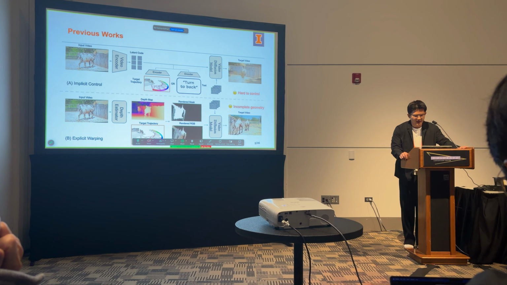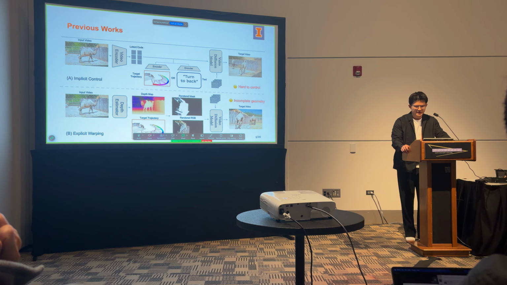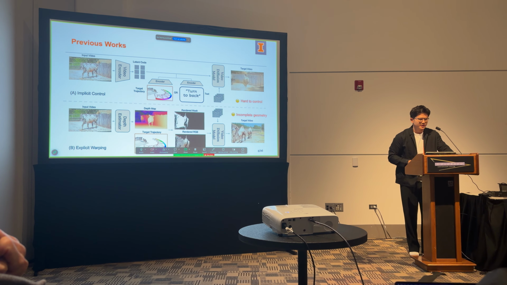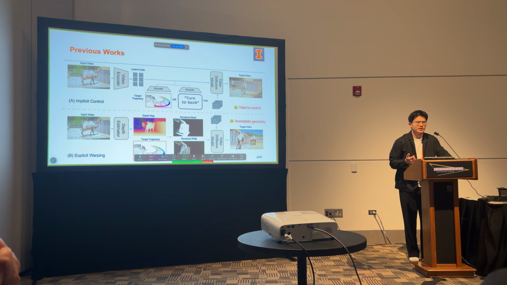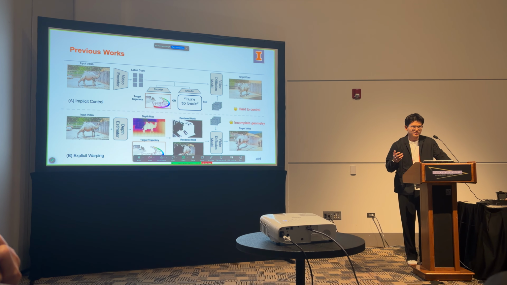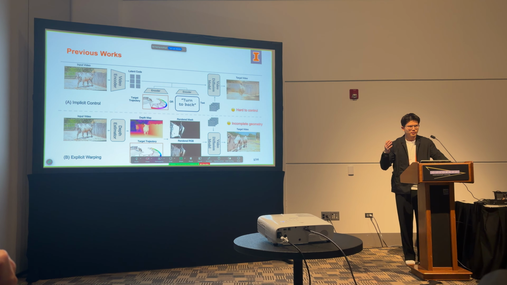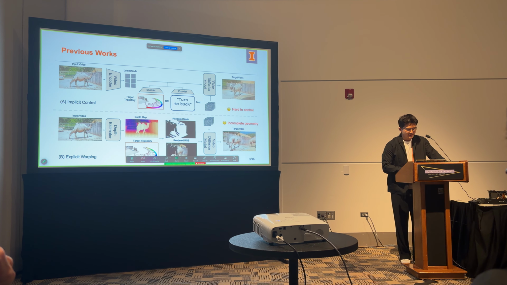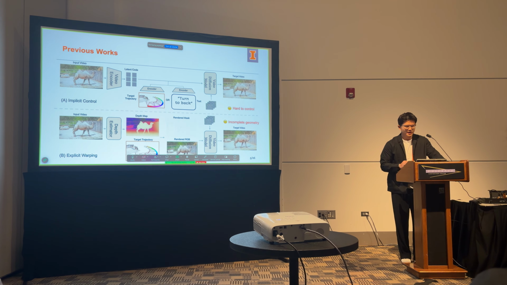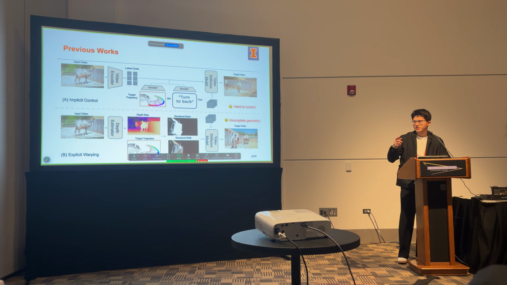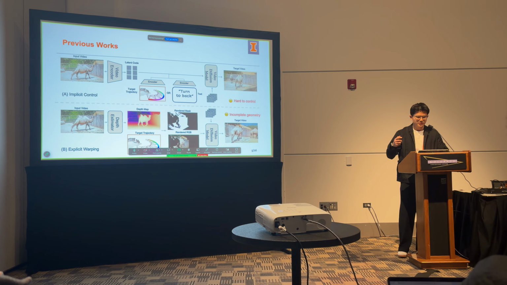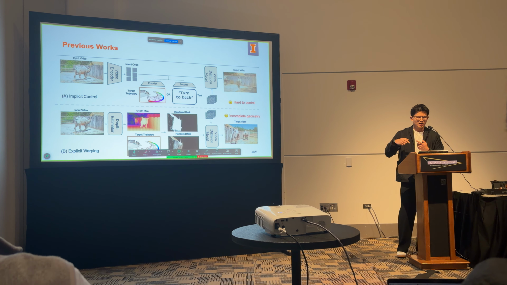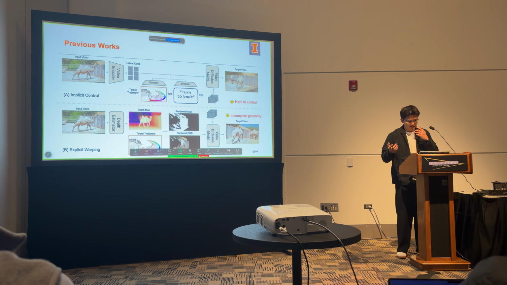Previous works mainly fall into two paradigms: explicit warping or implicit control. For implicit control, they usually encode the camera trajectory or text prompt as embedding into the denoising process. But the problem is, it's quite hard to control. For the explicit warping, they usually use a depth estimator to lift the 2D video to a depth map, and then warp the observed content to the target trajectory.